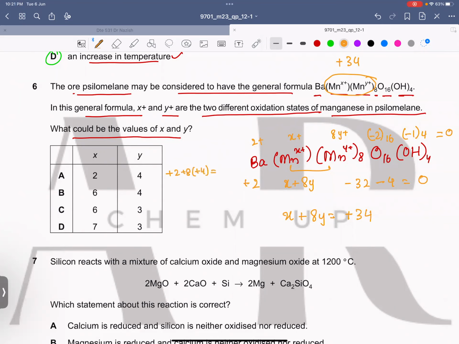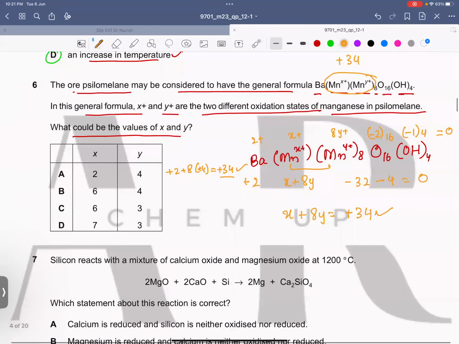So 8 times 4 gives you 32, 32 plus 2 gives you positive 34. So see, I'm getting the correct value. That's why A is correct and B, C, and D go wrong. Pressure does not change the Kc or Kp value. Remember, only temperature changes the Kc and Kp value.